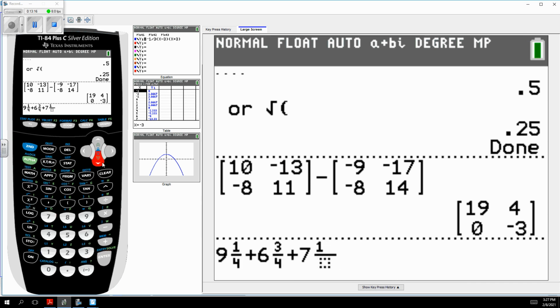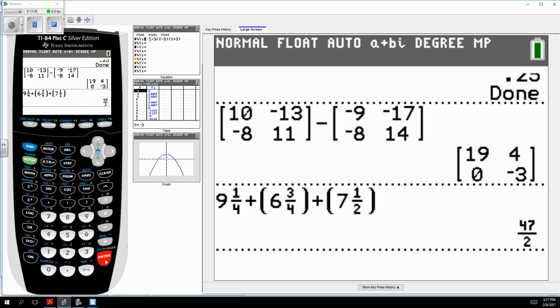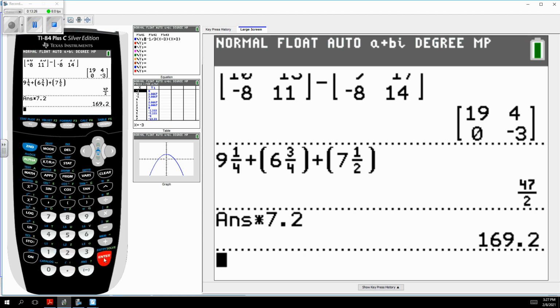And that's the number of hours my employee worked at $7.20 an hour. So you times it by 7.2, and we're in the 169 range. Oh, I missed the 8 hours, huh?